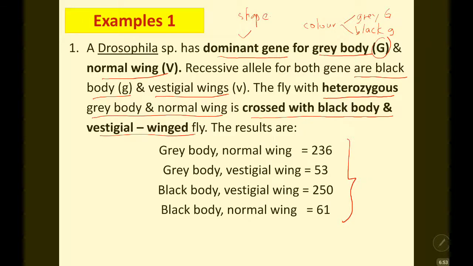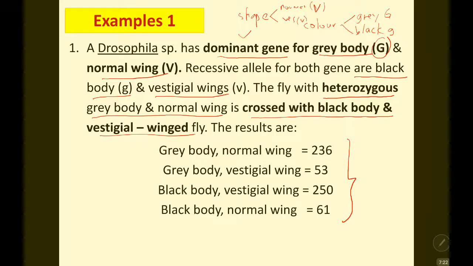We have either a normal wing or a vestigial wing. Normal wing is dominant, while vestigial wing is recessive. When 2 characteristics are involved, we should always consider: are they dihybrid genes or are they linked genes?